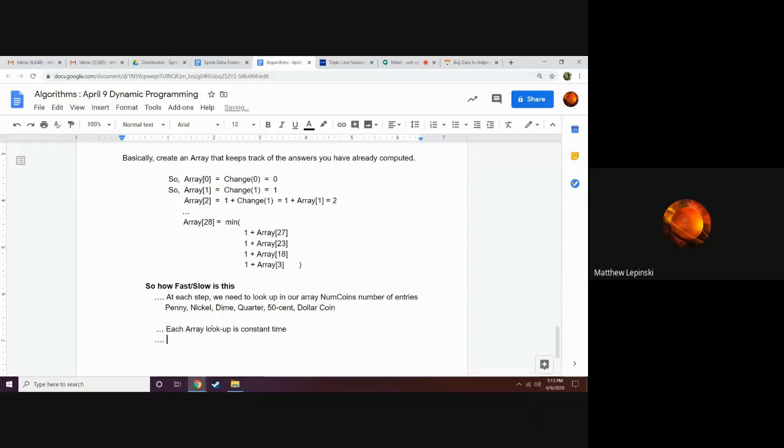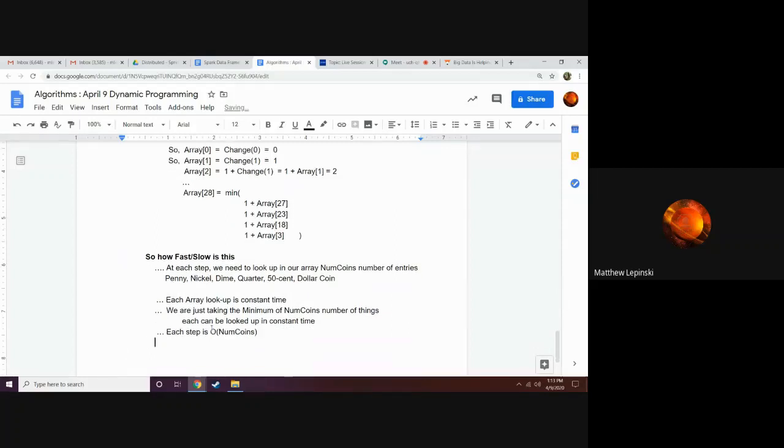And what that means is that we're just taking the minimum of num coins number of things, each of which can be looked up in constant time. So basically our runtime for each step is just order of num coins.